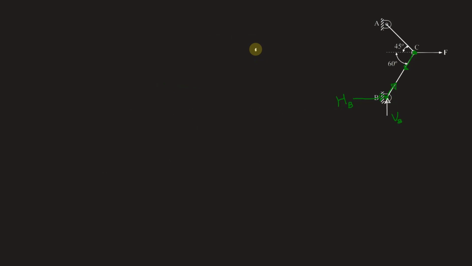So, at C, we have three forces, force F, force in the member AC, we can write it as FAC, and force in member BC. We can write this as FBC. The angles being 45 degree for this one and 60 degree for this one.